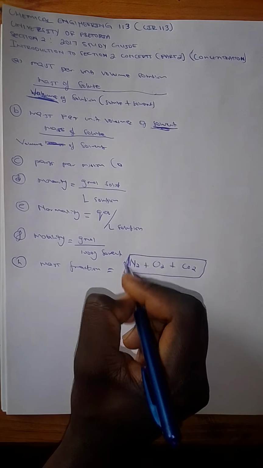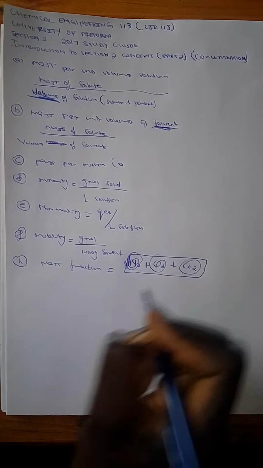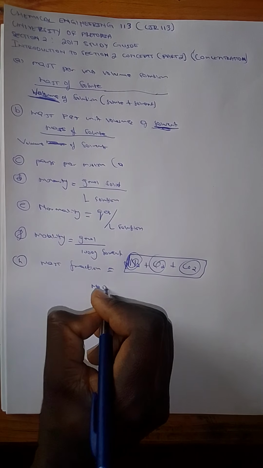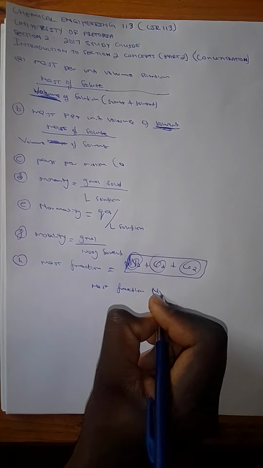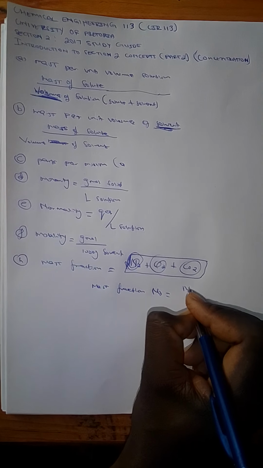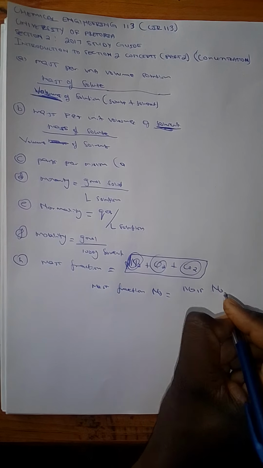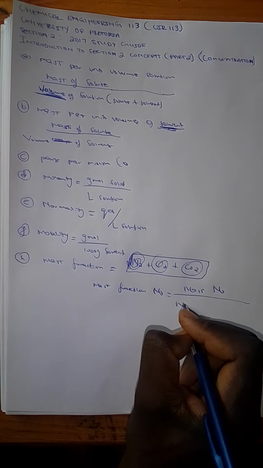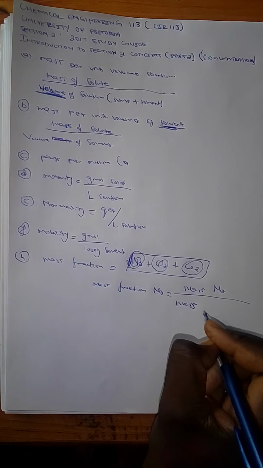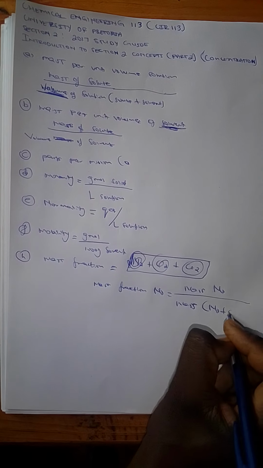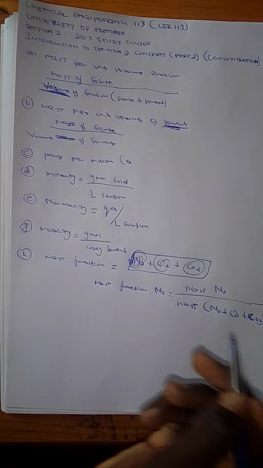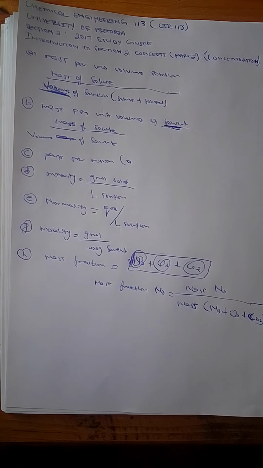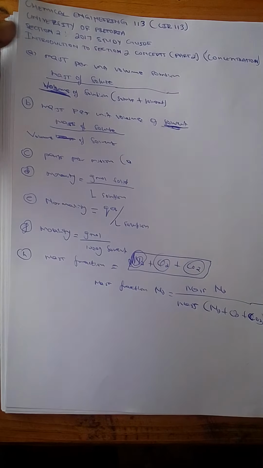So if you have the mass of each, the mass fraction of N2 would be mass of N2 all over mass of N2 plus O2 plus CO2. That is basically the mass fraction. So it's nothing really complicated in itself. It's something that I believe is easy to understand.